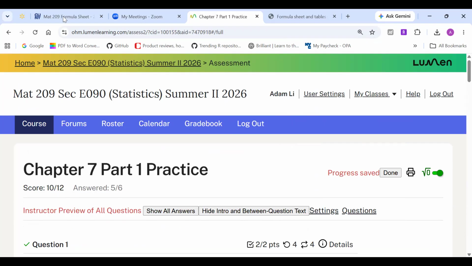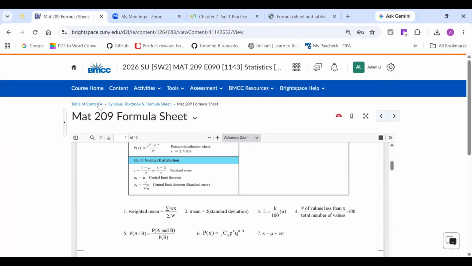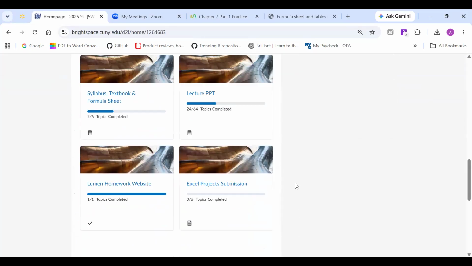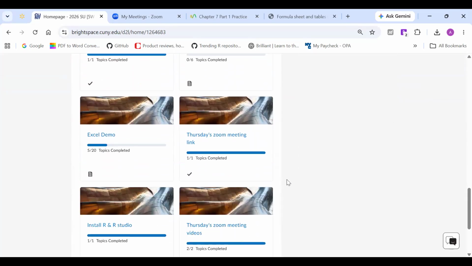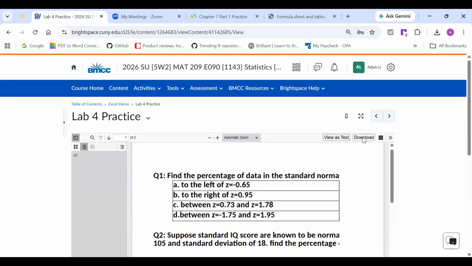And then we're going to move on to Excel project number 4. Let's go back to course home and go down to Excel demo. Then we take the lab 4 practice. Open this file here, lab 4 practice, and download the file.